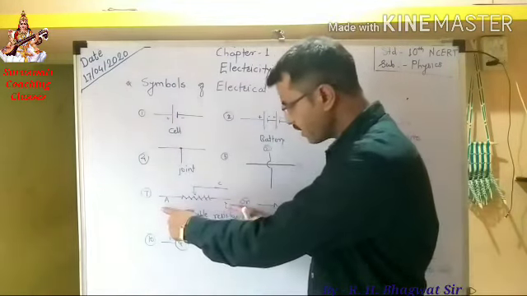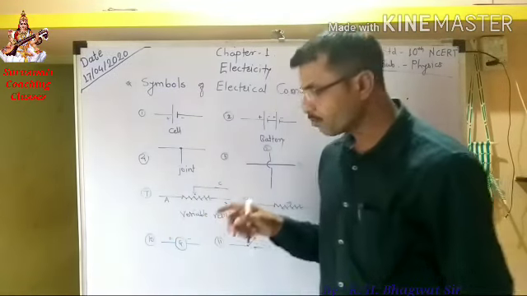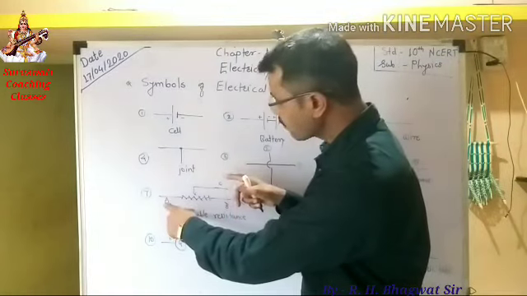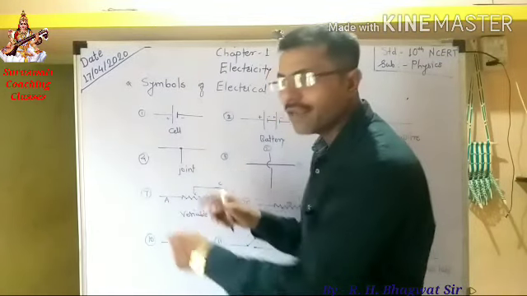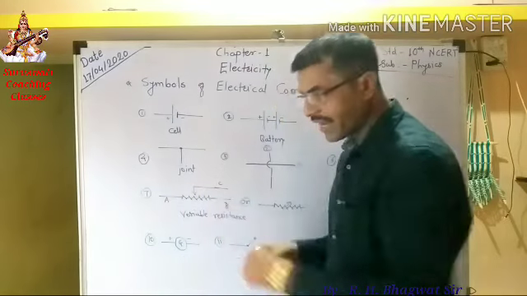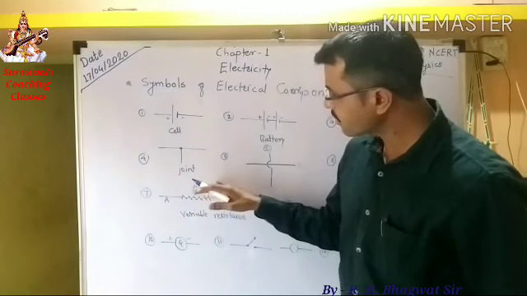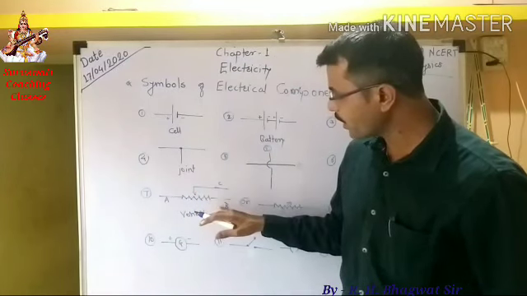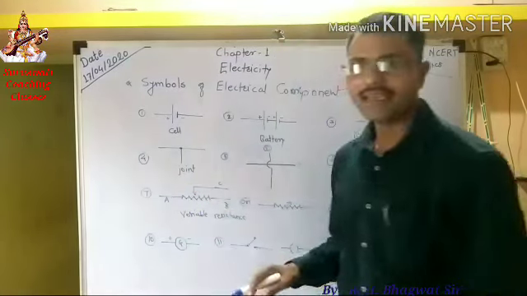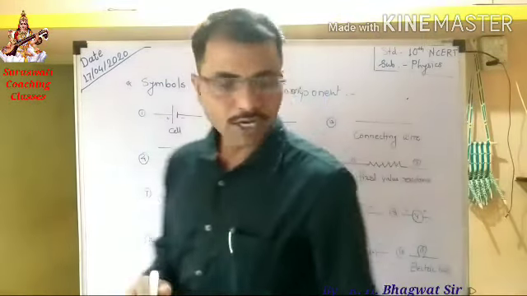The resistance between terminal capital A and capital B is always constant, but the resistance between terminal A and terminal C can be changed by sliding the metallic contact over the coil, or we can change the resistance between point C and point B by sliding that metallic contact.